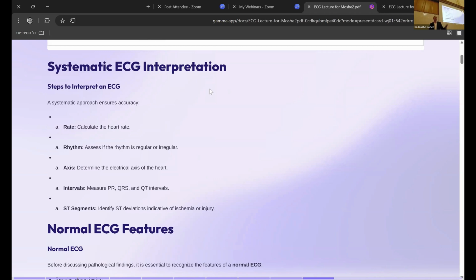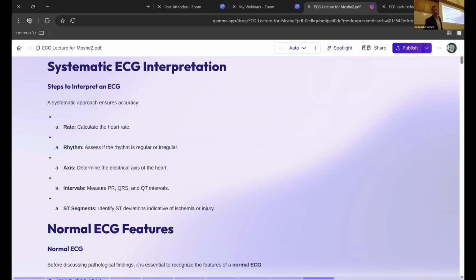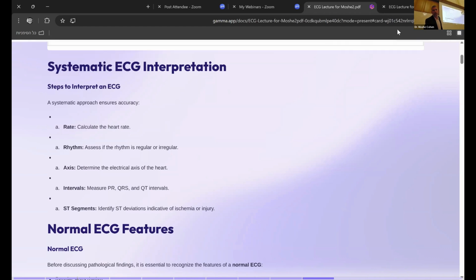Then comes the rhythm. What does rhythm mean in an ECG? What's the normal rhythm? The normal rhythm would be sinus, right? Sinus rhythm. Because you remember that the conductive system of the heart starts with the SA node, right?